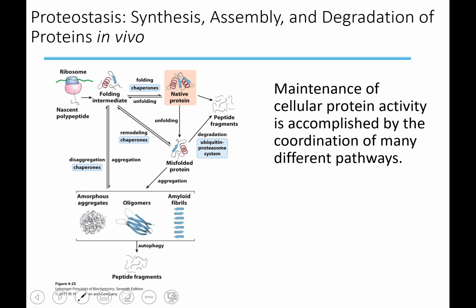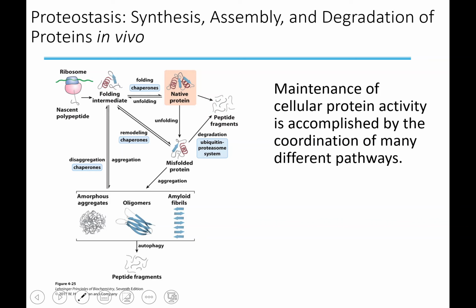Okay. There's also, in native proteins, some proteins hang around for a very long time. Years. I think there are certain proteins in your eyes that have been around most of your life, but that's not really typical. The half-life of proteins varies. Some stick around several days.